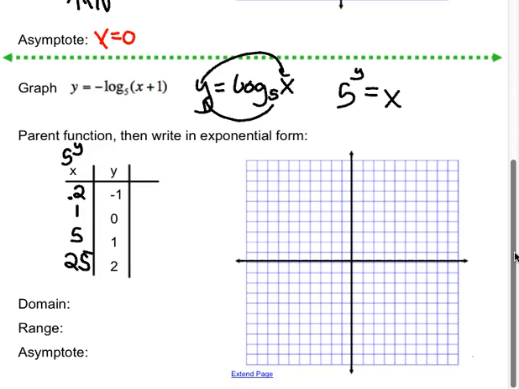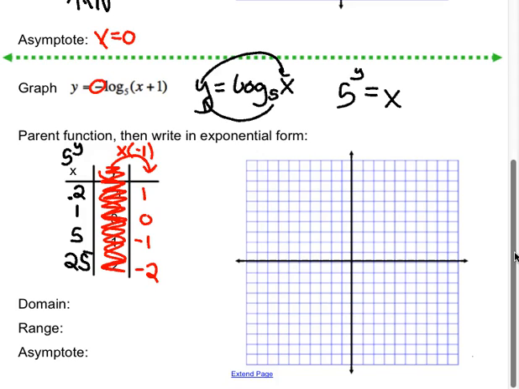All right, and now this time we also have this negative out here. So I'm going to take every one of those values and multiply it by -1. So 1, 0, -1, -2, and now I don't need that column anymore. So remember, that's always what you do for x-axis reflections or stretches.